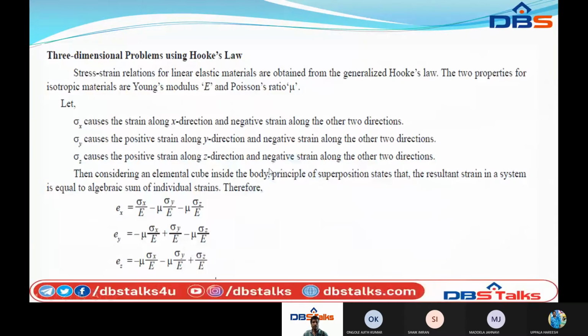First of all, for the plane stress and plane strain conditions, that is the D matrix. The D matrix is derived using the stress strain relations for a three-dimensional body, that is, three-dimensional problems using Hooke's law.